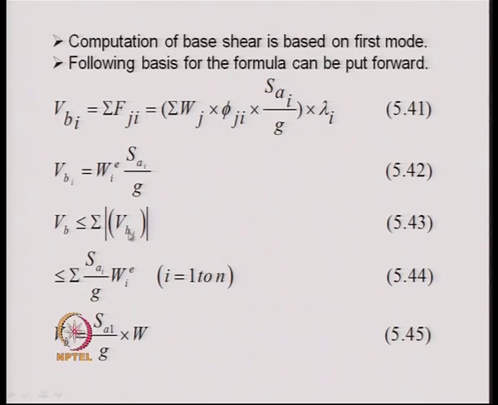So, this V_Bi now is replaced by this expression, and as a result we can write down S_ai by g into W_iE.